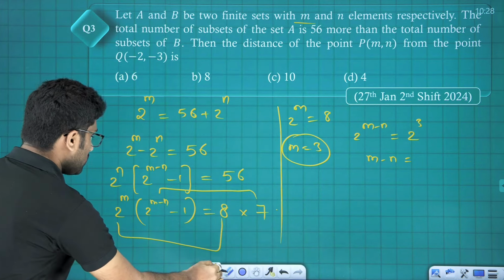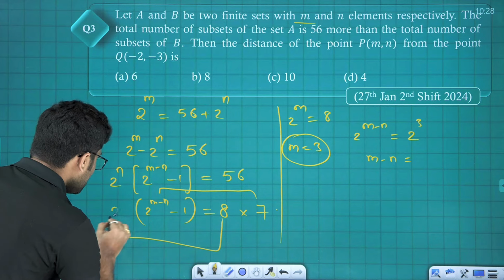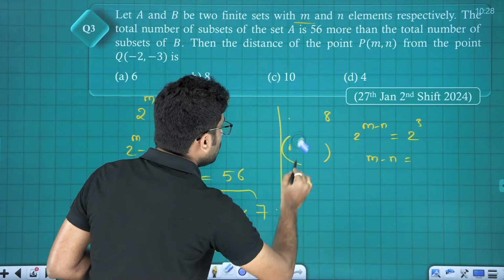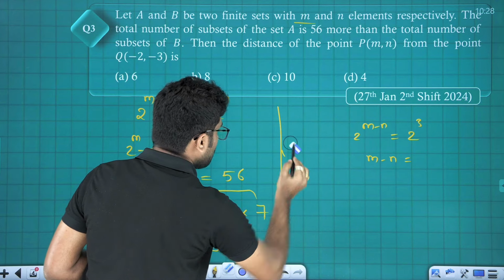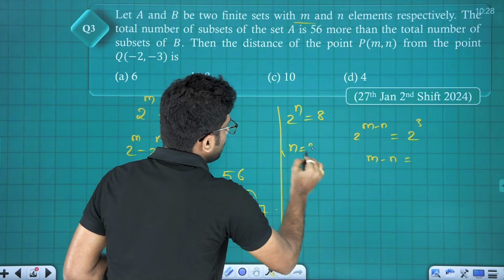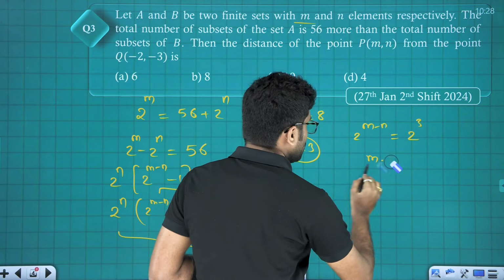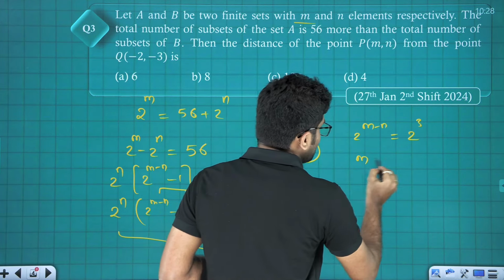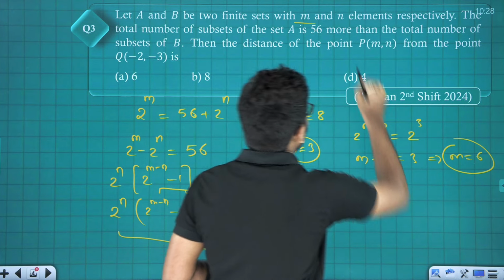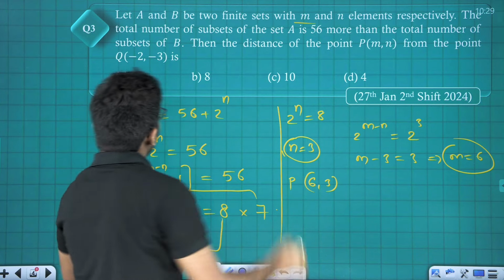We have already got n is equal to 3. Let's just substitute here. m minus 3 is equal to 3, which implies m is 6. Fine, we have got point P now. Point P is m comma n, which is 6 comma 3.